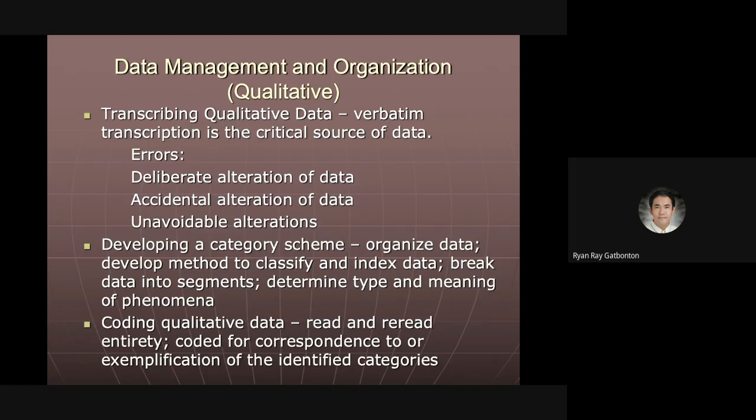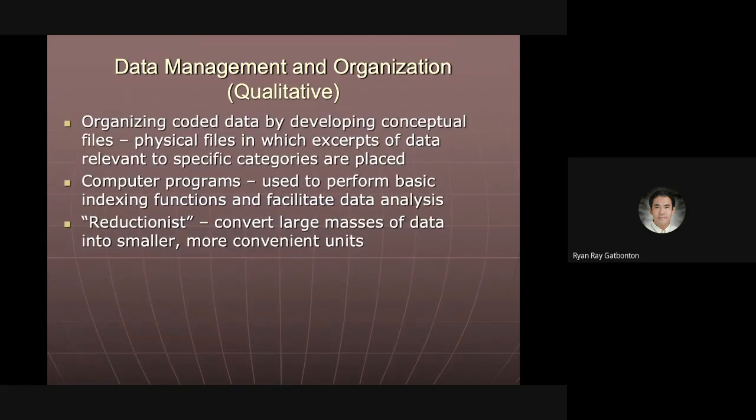Okay? The next type of qualitative data management procedure is what we call coding qualitative data. You code it so that you can easily retrieve a part of your qualitative data when you recall what was said there. Now, when you organize your coded data by developing conceptual files, it's like writing an index card.